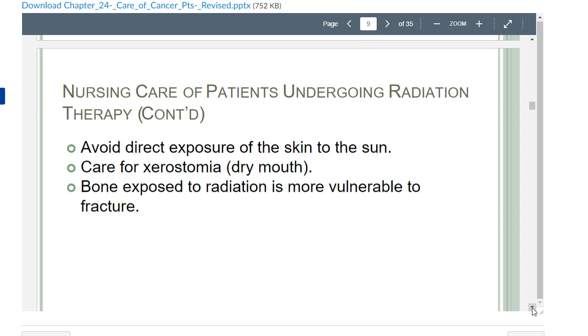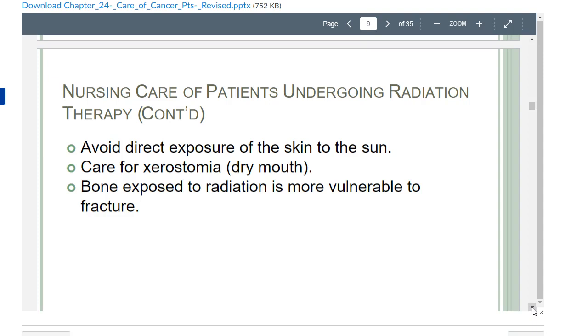So many times if they're getting radiation in another area, we would definitely shield the abdomen, especially the testes and the ovaries, to prevent any exposure to those eggs and sperm to the radiation. And remember, some of these changes that occur with radiation may be permanent, okay?